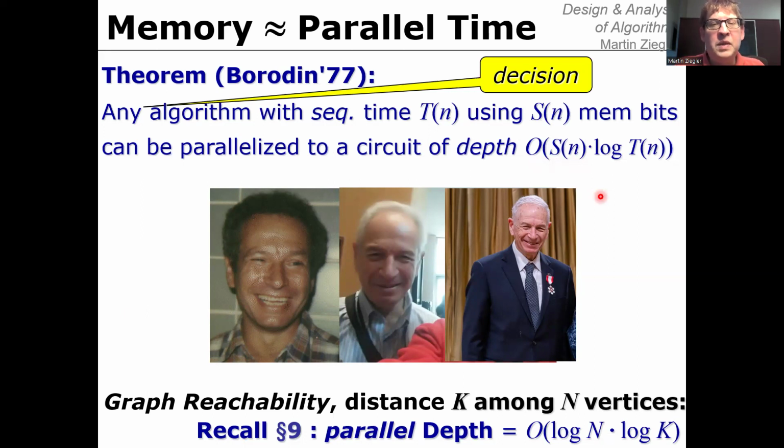And if you now reconsider, this is exactly what we've obtained for our graph reachability problem, and thus generalized to many other problems, turning memory efficient algorithms into efficient parallel algorithms. And before we look at the proof of this result, a very surprising proof, a very surprising theorem, please have a look at the time frame.